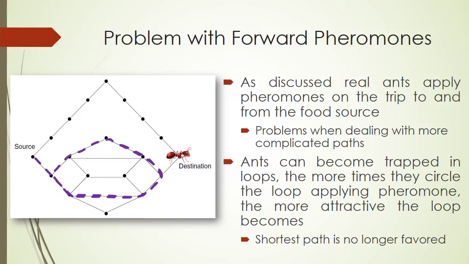And even if it's lucky enough, as was the ant in this small animation, to escape the loop, subsequent ants are likely to become trapped. And again, by circling around, the loop becomes more attractive. The real problem with this is that the shortest path is no longer the most attractive path. Now the most attractive path is this circuitous loop.